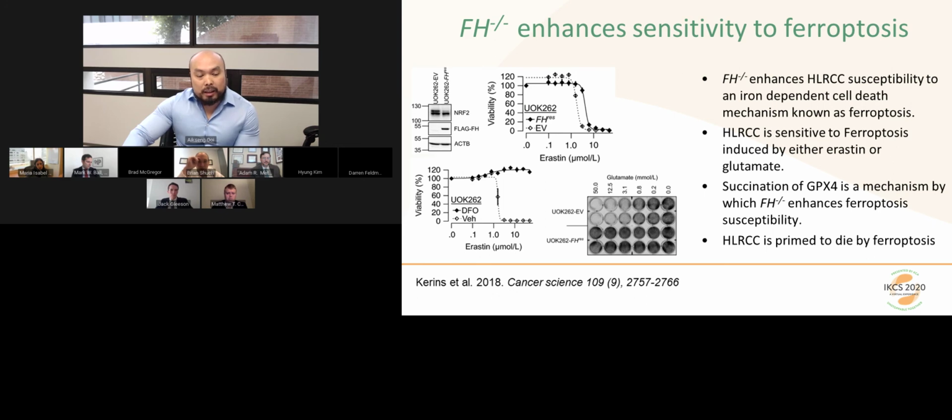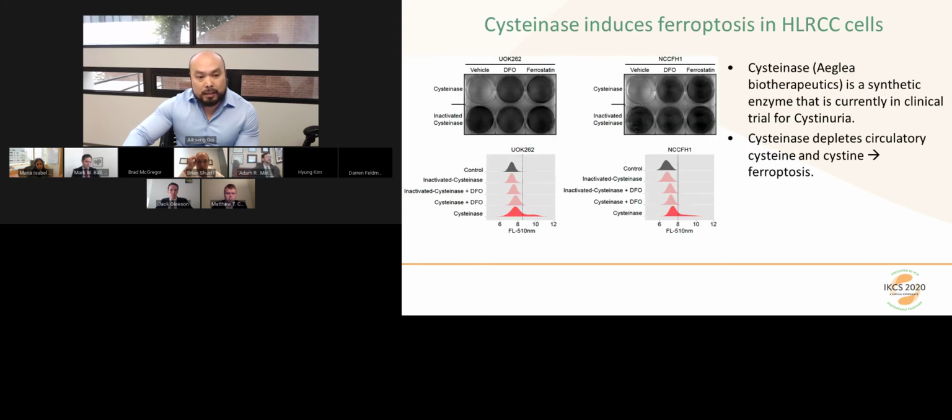So we try to translate this in vivo, and obviously glutamate and erastin cannot be used in vivo. So for this, we actually use a synthetic enzyme known as cyst(e)inase that's created by Aeglea Biotherapeutics, and this is actually under clinical trial for cystinuria right now.